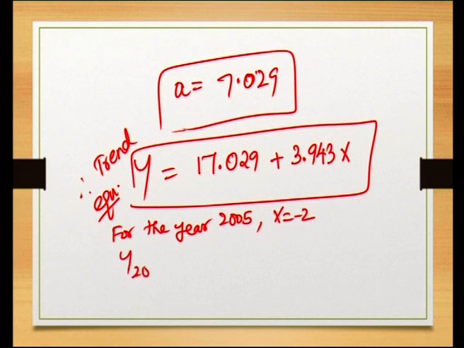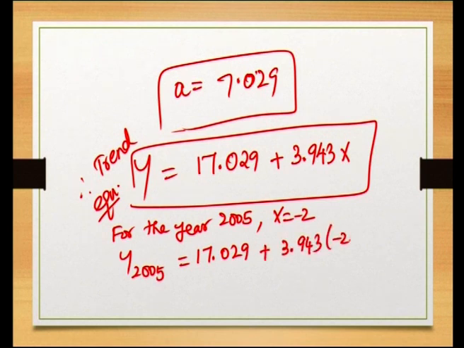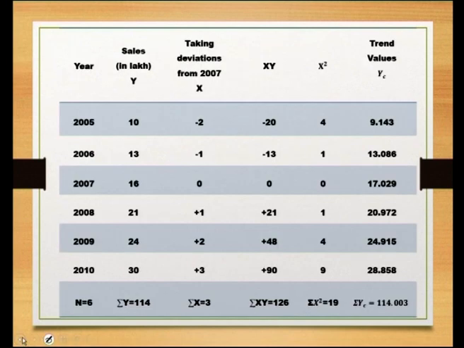So, y at 2005 is equal to 17.029 plus 3.943 into minus 2. When you calculate, this value comes to be 9.143. That is what is tabulated there in the tabular column as the trend value calculated for the year 2005.